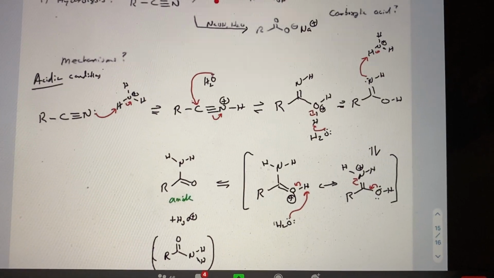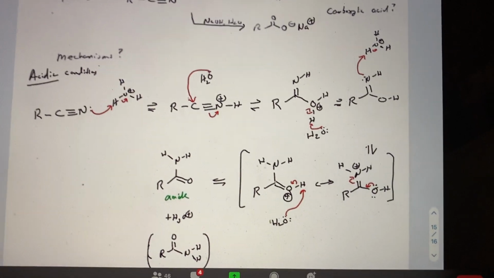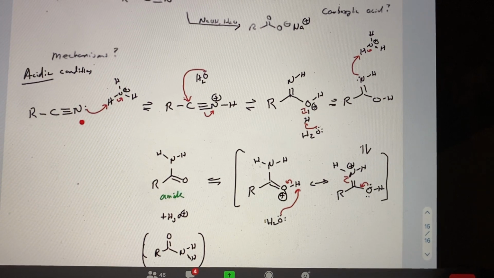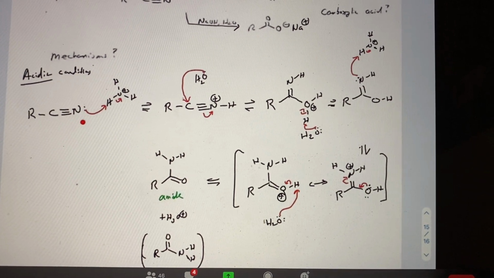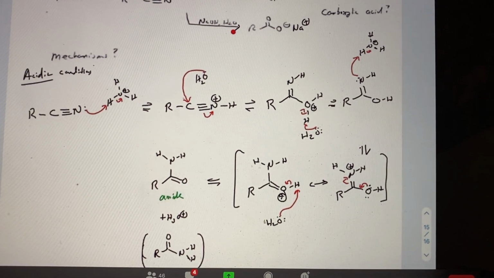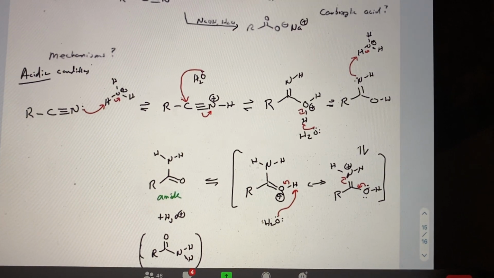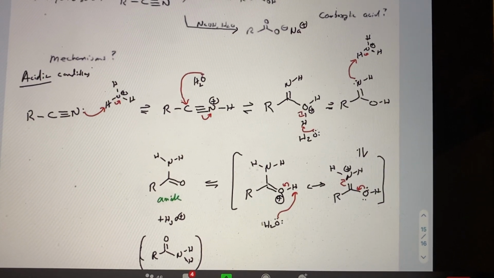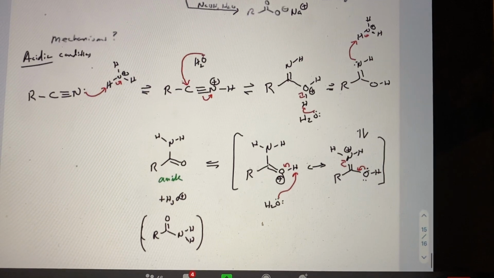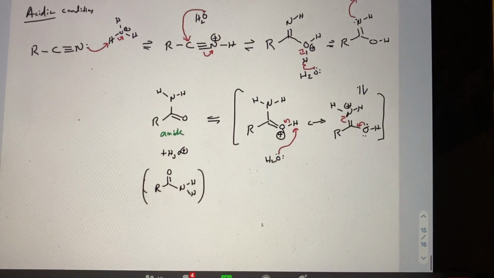So if that's the reaction under acidic conditions, where we protonate the nitrile like we would protonate the carbonyl group, we'd probably expect similar reactions to carbonyl chemistry under basic conditions. So let's see what happens there. And we'll only show part of the mechanism.